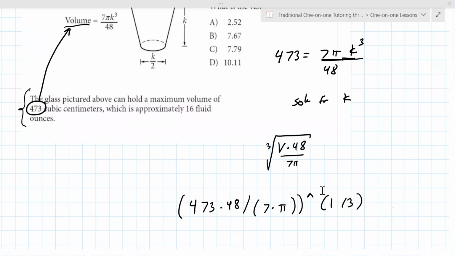473 and 48, 7 times pi. Do close parentheses? Yeah, because you're closing the one in the numerator, because the whole thing is to the power of 1/3.